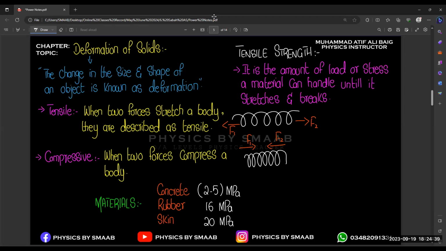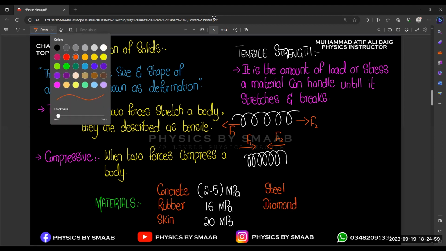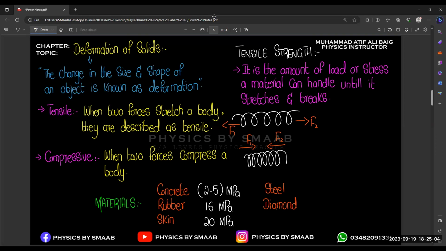Okay, and you mentioned the example of the spring. Normally we use iron, steel. So if we list down some other materials, steel, diamond, and glass, because when we work with glass, we melt that glass material and are able to mold it into different shapes, right?